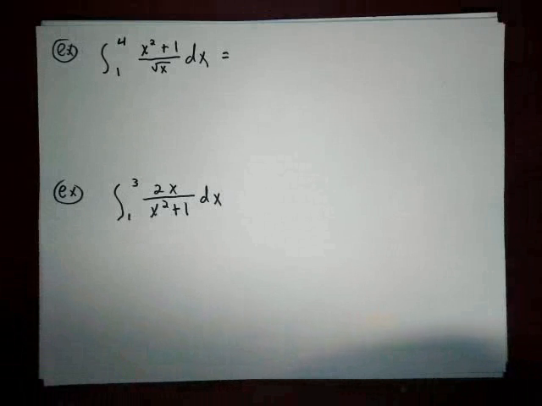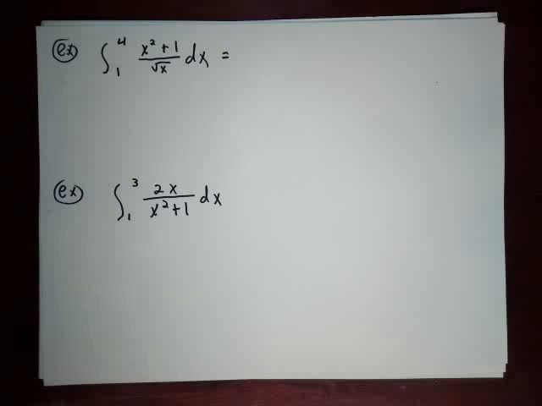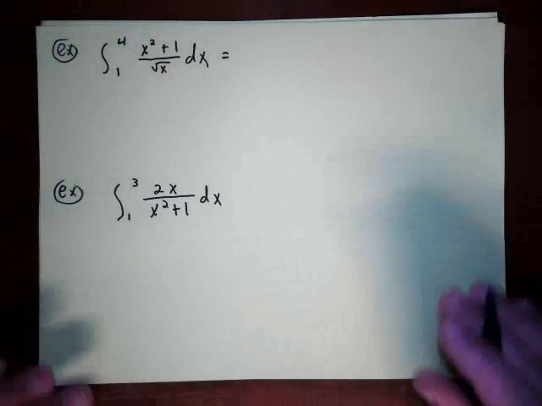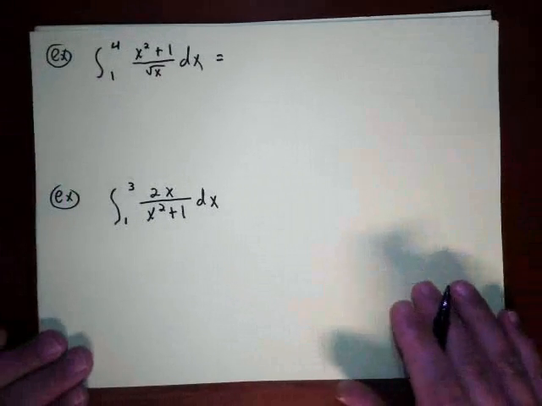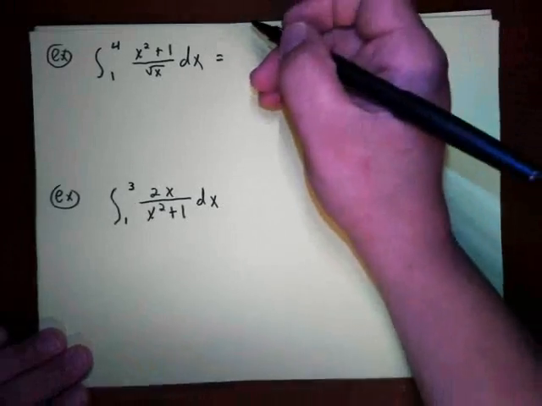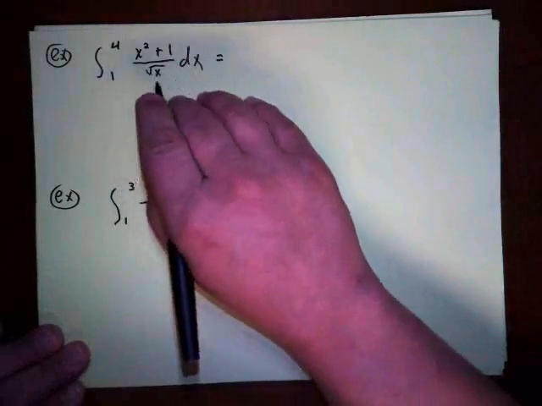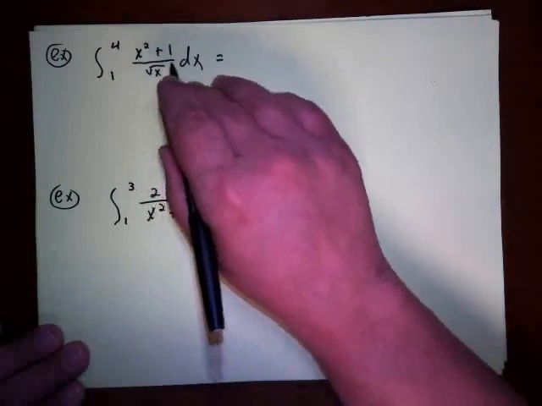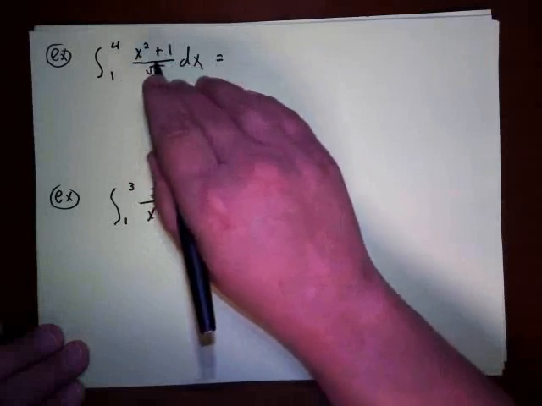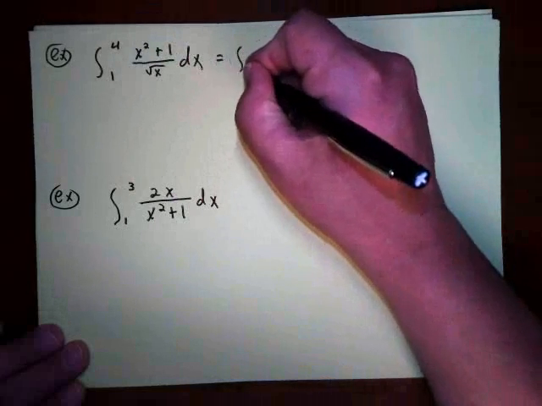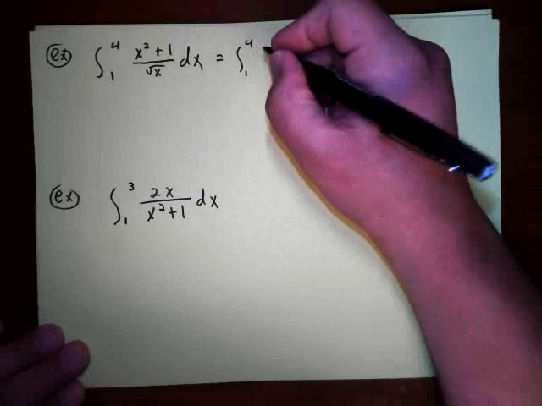Let's now use the fundamental theorem of calculus to find some more definite integrals, maybe ones that are a little more involved. So this one here, I can use the power rule because I can split this up over a common denominator.